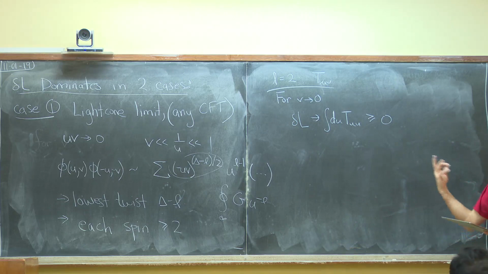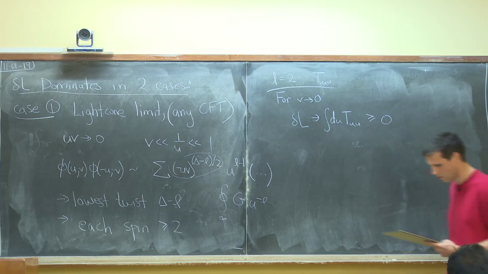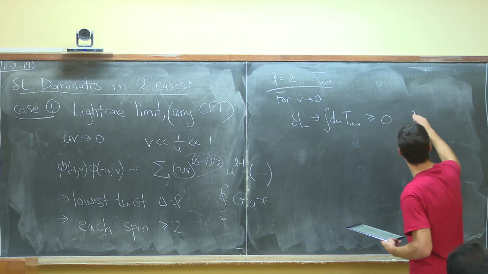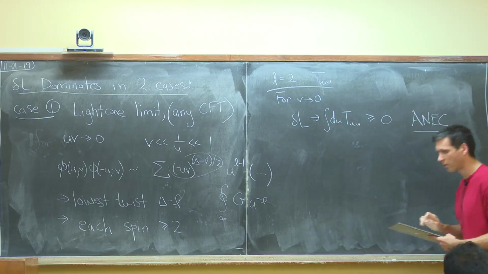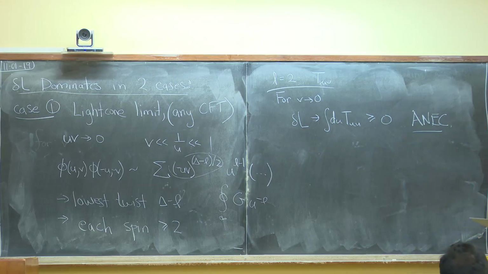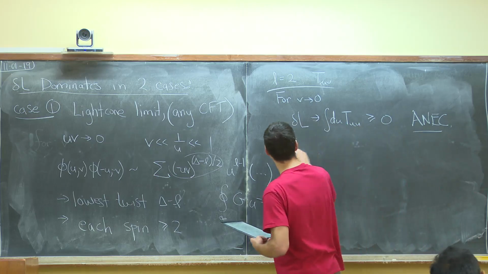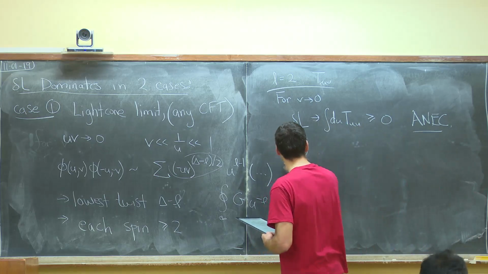So this is a proof of the ANEC that goes through this length operator as an intermediate step. This is really just the same proof that we gave earlier. I'm just phrasing it now in bulk language, as if we had some particle moving on a geodesic in AdS.